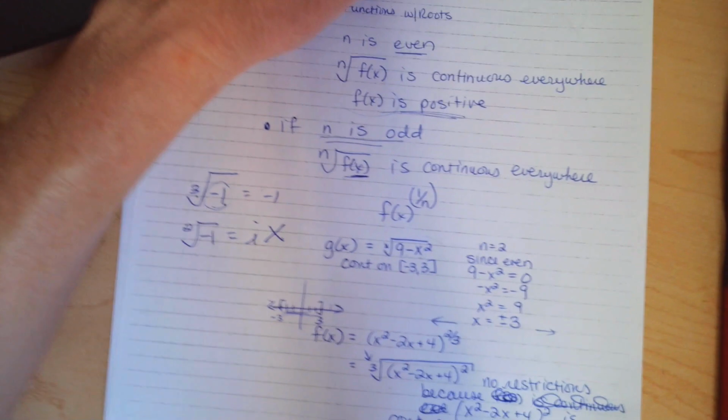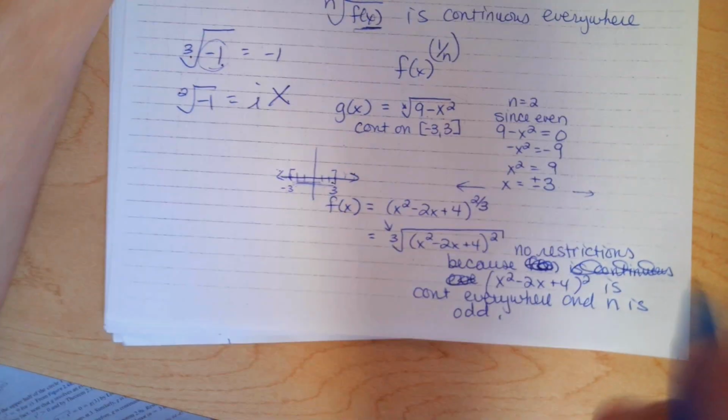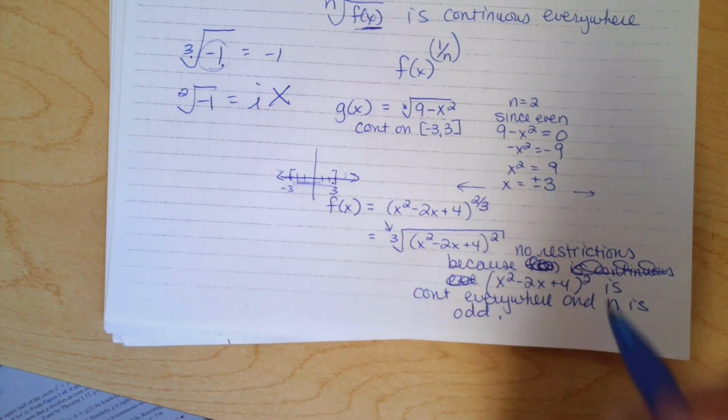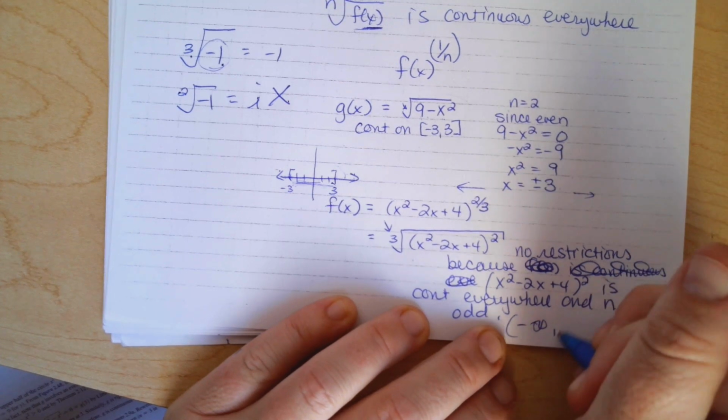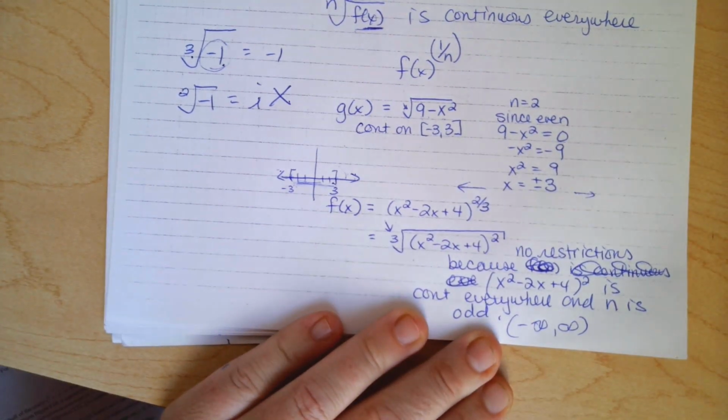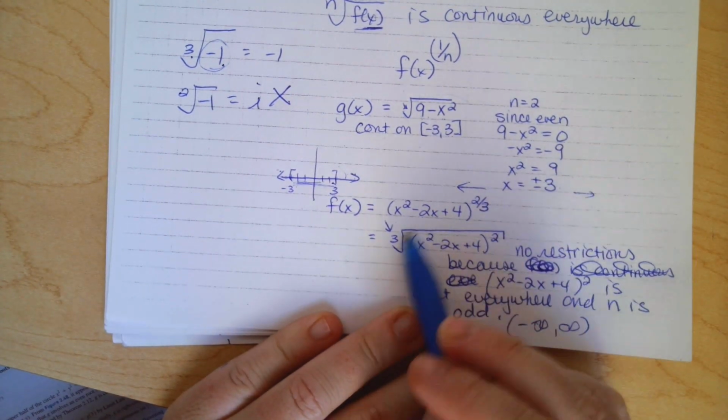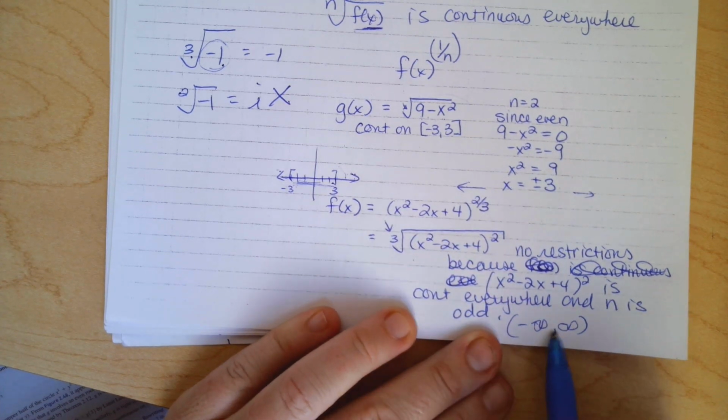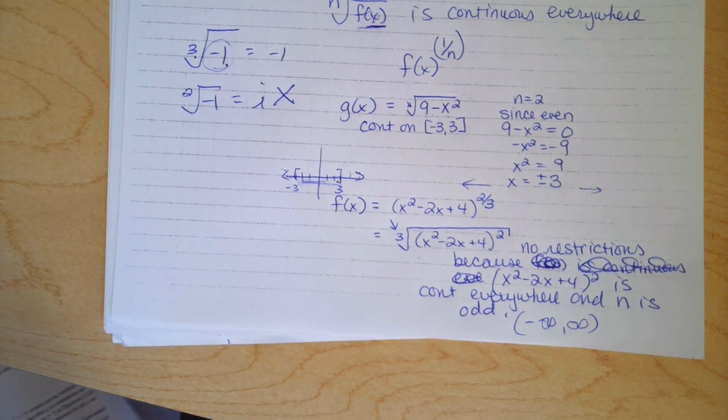Both of those things together tell me that this is continuous everywhere. The interval is negative infinity to infinity. If n is odd, we have no restrictions. Okay, so that's continuity with roots.